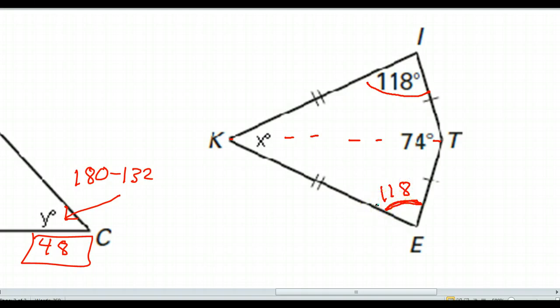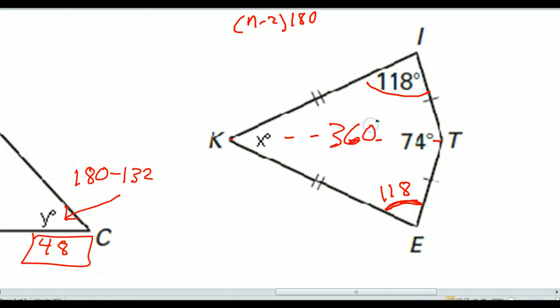How many degrees are in any quadrilateral? 360. If I really forgot it, couldn't I do n minus 2 times 180? But you should go ahead and memorize that a quadrilateral has 360 degrees.